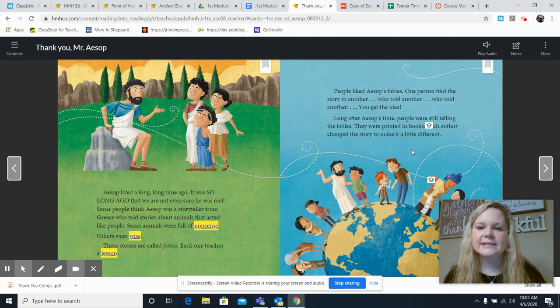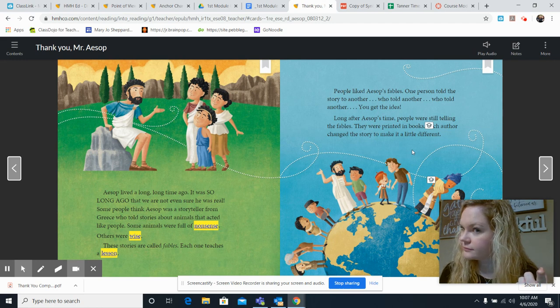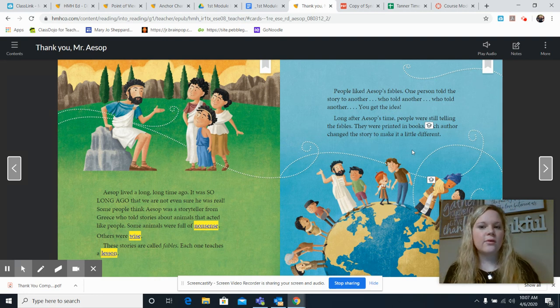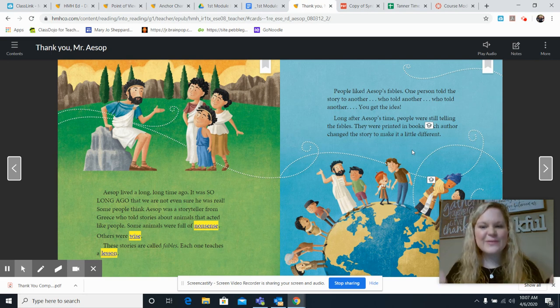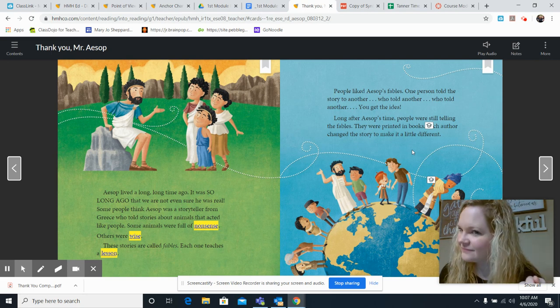People liked Aesop's fables. One person told the story to another, who told another, who told another. You get the idea.